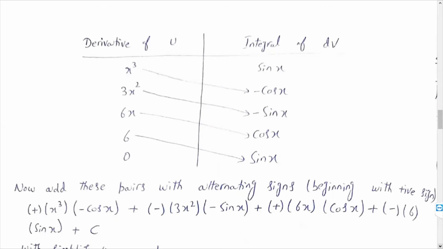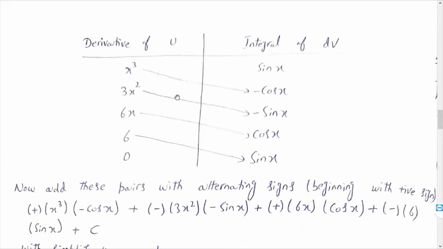We make two columns, putting u in the left column, and in the left column list all the derivatives until 0 is reached. In the right column, begin with dv, that is equal to sine x, and list all the integrals down to the same level as the 0 in the left.